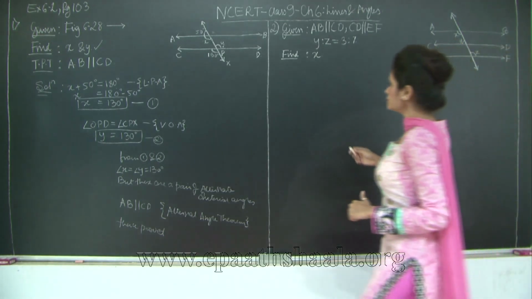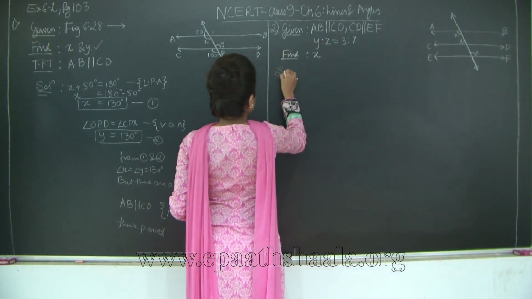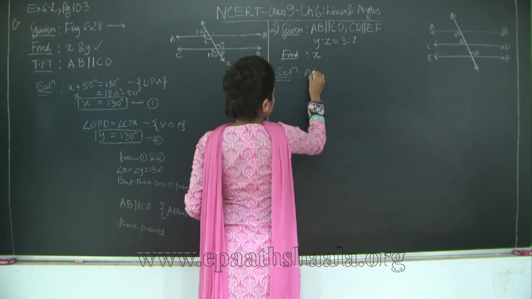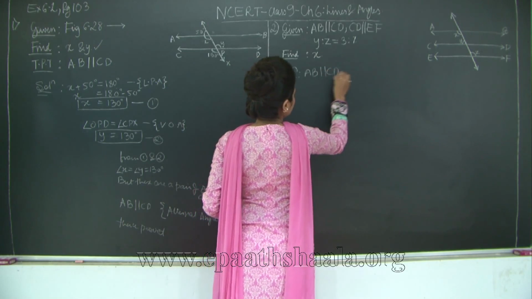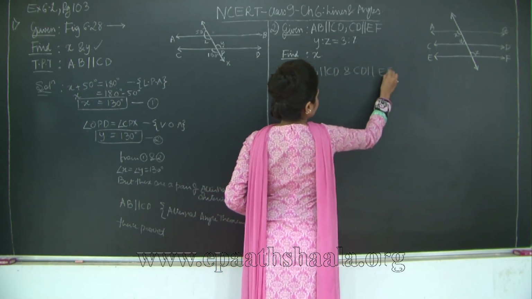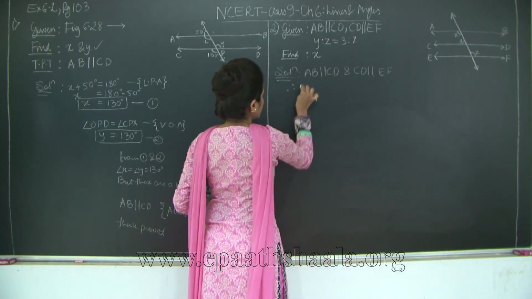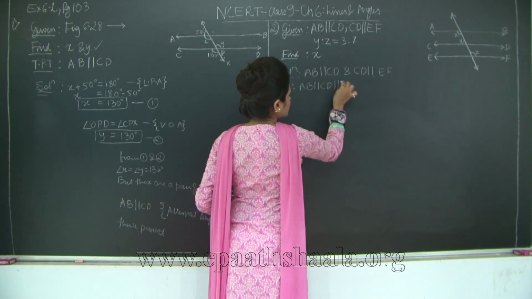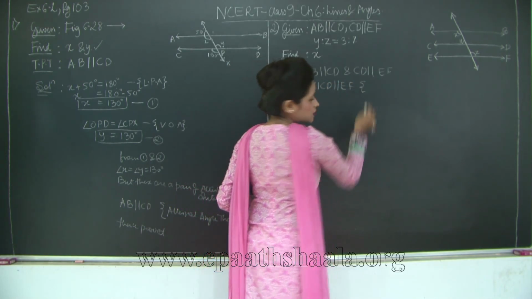Let us write this down. AB is parallel to CD and CD is parallel to EF. Therefore, AB is parallel to CD, which is parallel to EF. In brackets, what am I going to write?